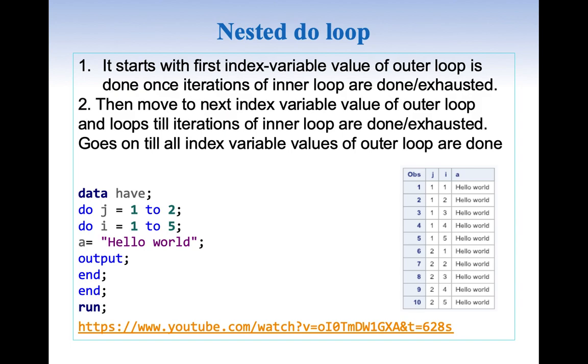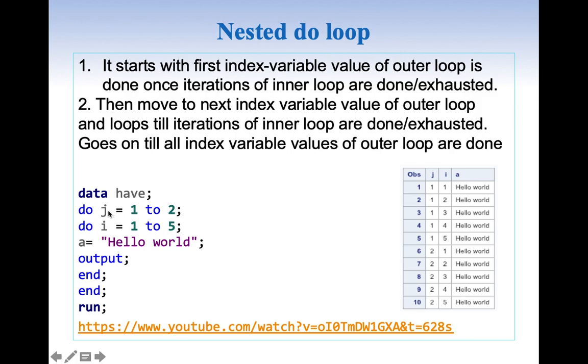In this concept I would like to discuss how a nested do loop works. Here is an example of a nested do loop wherein we have an outer loop and an inner loop. What we are going to do is capture the hello world value into a variable. How does this loop work?